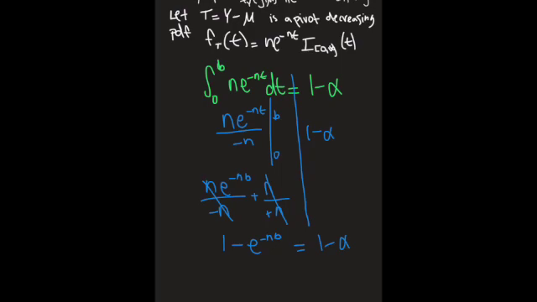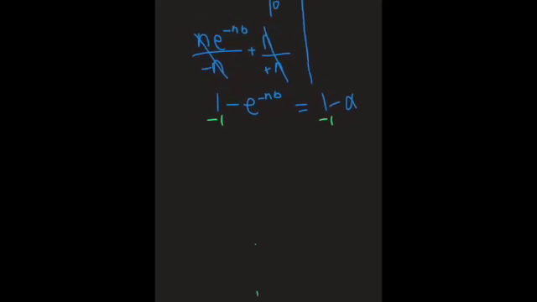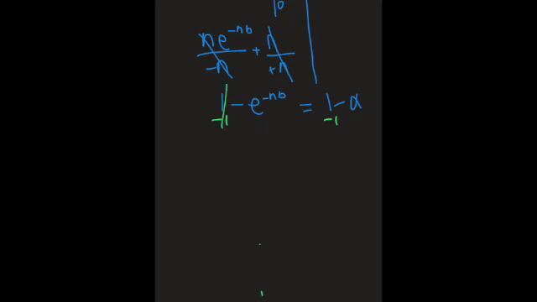I want to try to solve to get b by itself. Since I see there's the 1, I obviously want to move it over. Since it's a positive, I subtract 1. It cancels on the left, and it also in this case cancels on the right. I have the negative, so I can divide by negative 1 or multiply by negative 1, and it cancels the negatives.